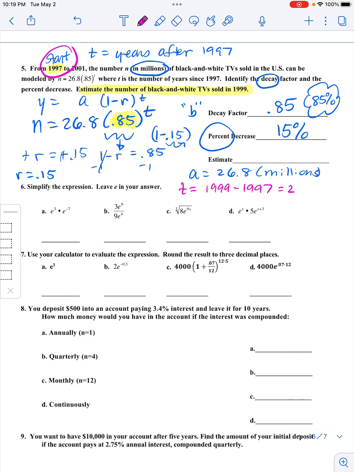So to do my estimate, I'm going to just use this formula, and I'm going to be plugging in a 2 for t. So I'm doing 26.8, and then in parentheses, 0.85, raised to the 2, because it's 2 years later. And I'm getting 19.36, and that is in millions.